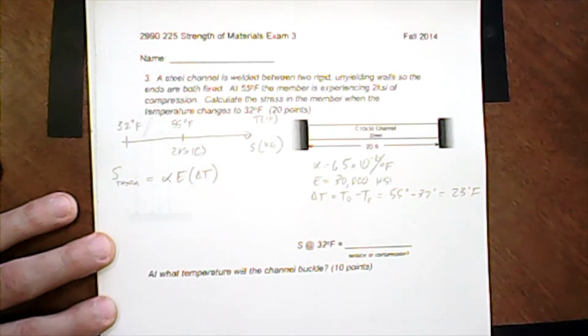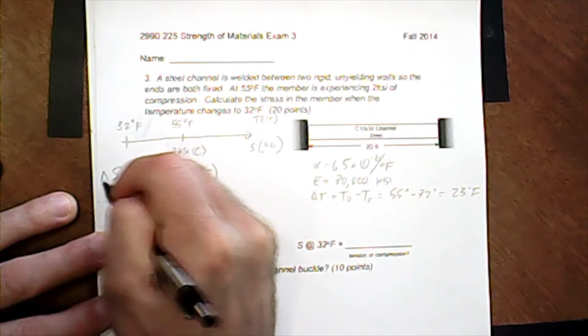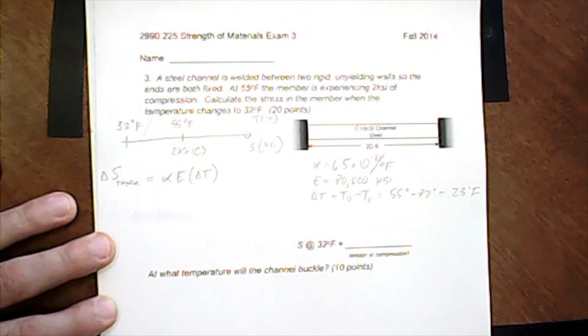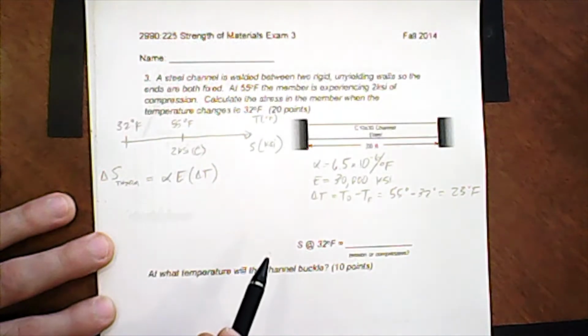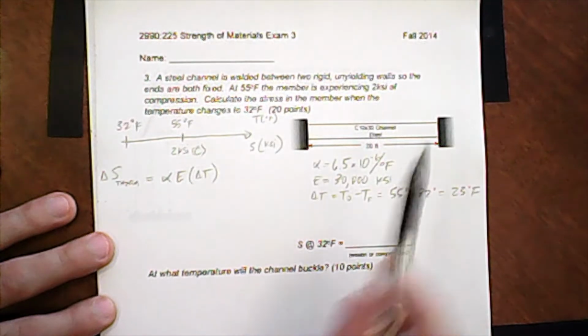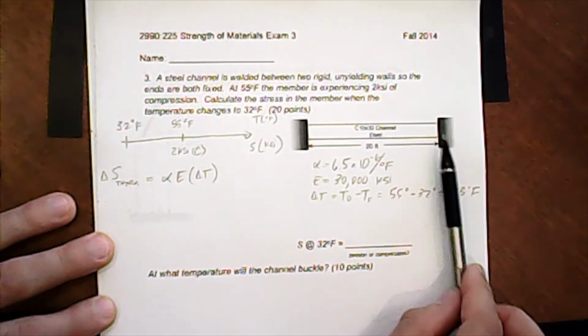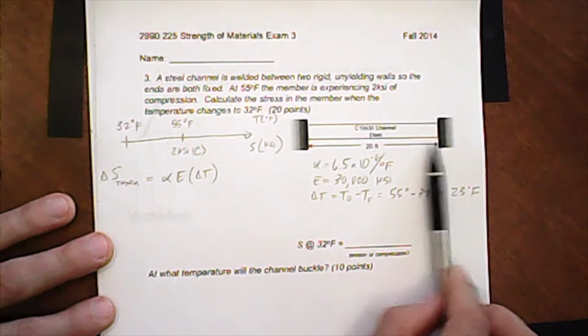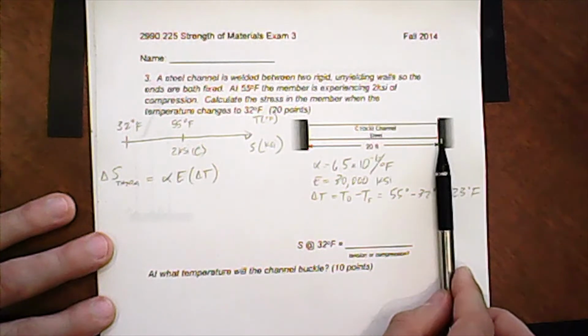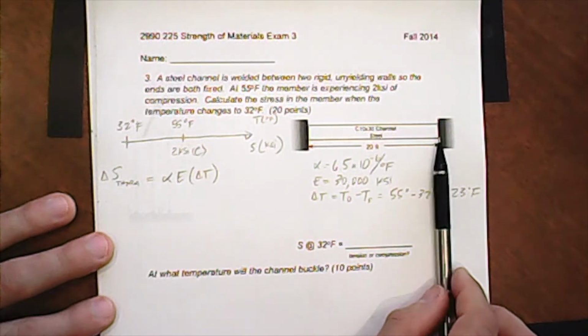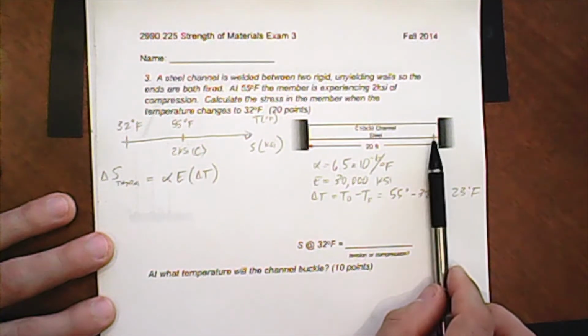And really what we're finding is our change in stress, aren't we? Because we have an initial stress of 2 ksi compression, and we need to consider what happens when the temperature goes down. When it goes down, does it want to shrink or expand? Correct, it wants to shrink. So if it wants to shrink and it cannot, is that going to cause more tension or more compression?